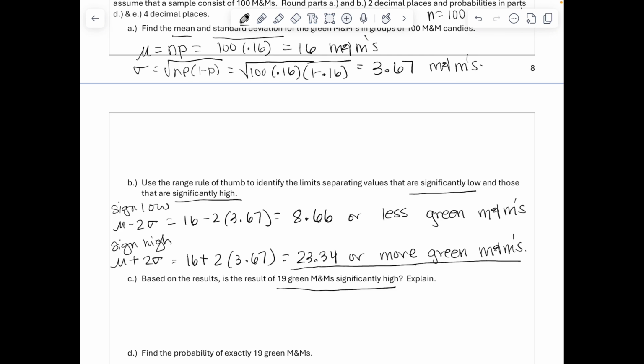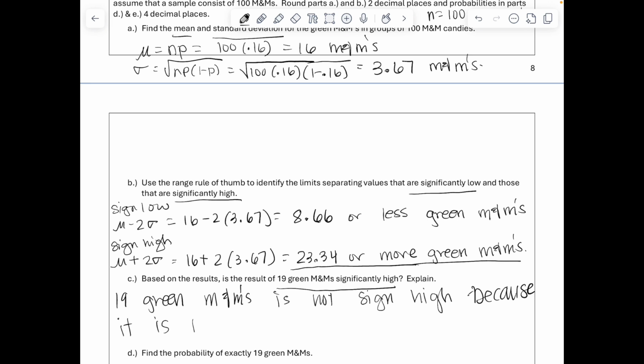We're going to say 19 green M&Ms is not significantly high. This is because it is not greater than or equal to 23.34.